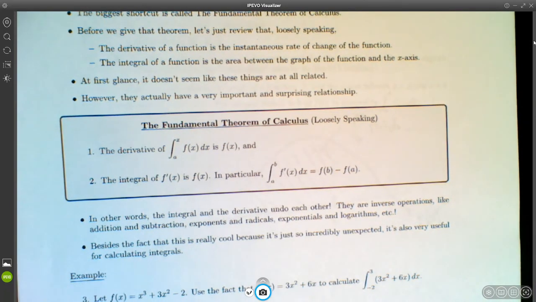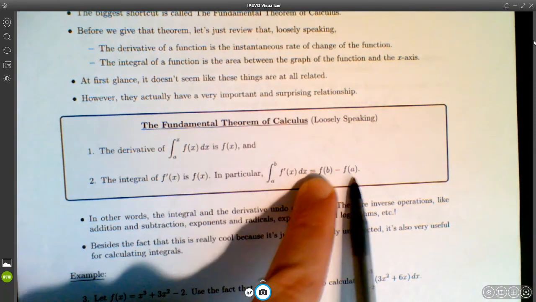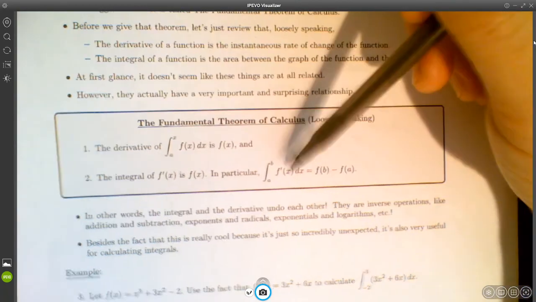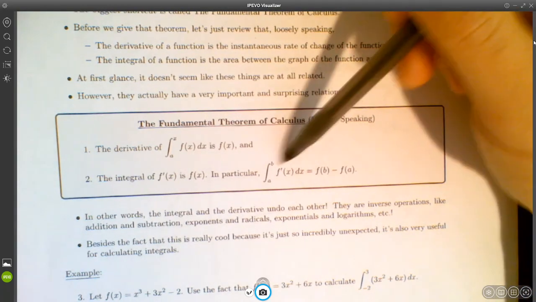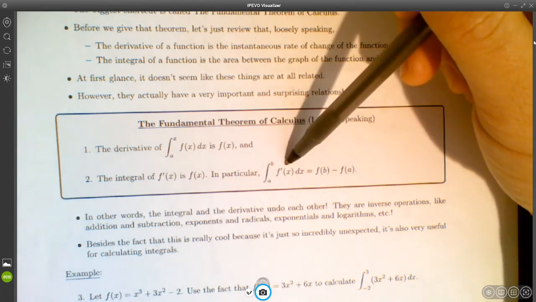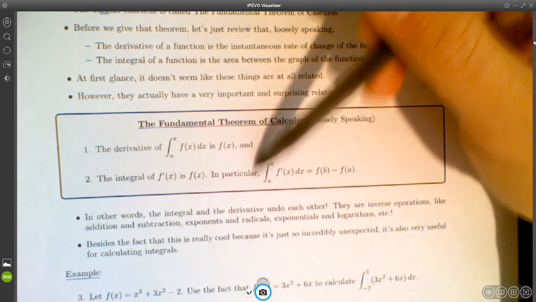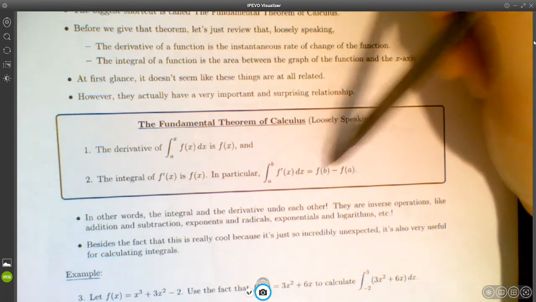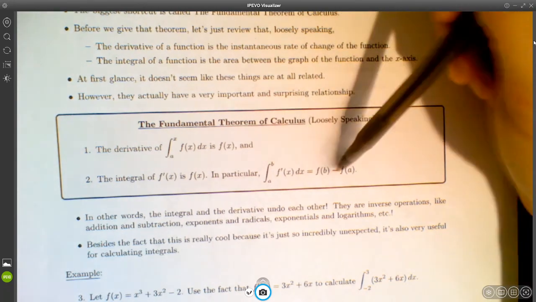That right there is the biggest shortcut that allows us to find an integral. If we can figure out what the antiderivative of a particular function is, then we can find the integral of the function by finding the antiderivative and then plugging in the endpoints.